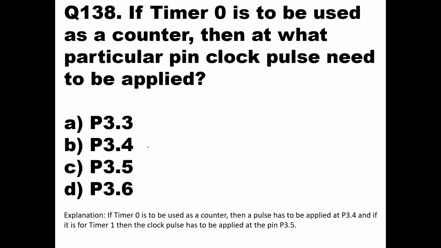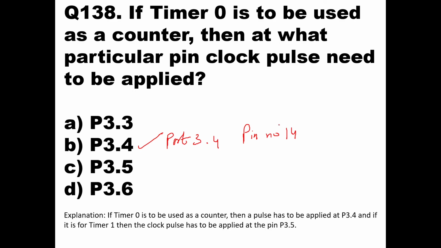Okay, so port 3 fifth line, that is 3.4, and that port pin is your pin number 14. Pin number 14 in your hardware pins can give you the timer or counter 0 external input.